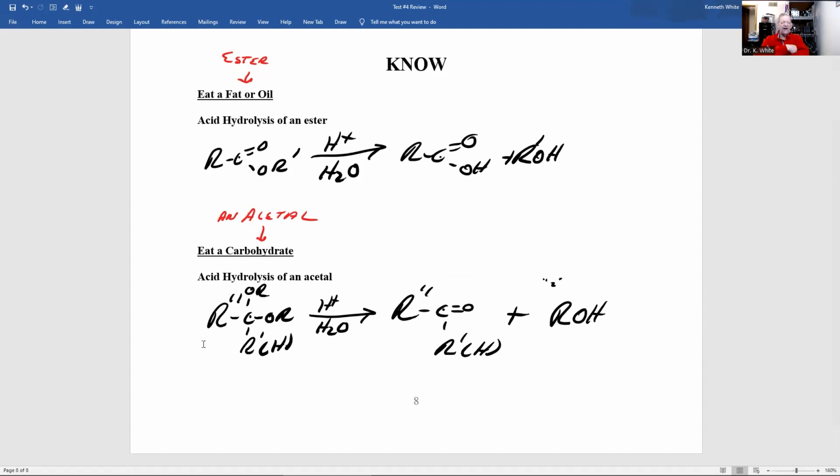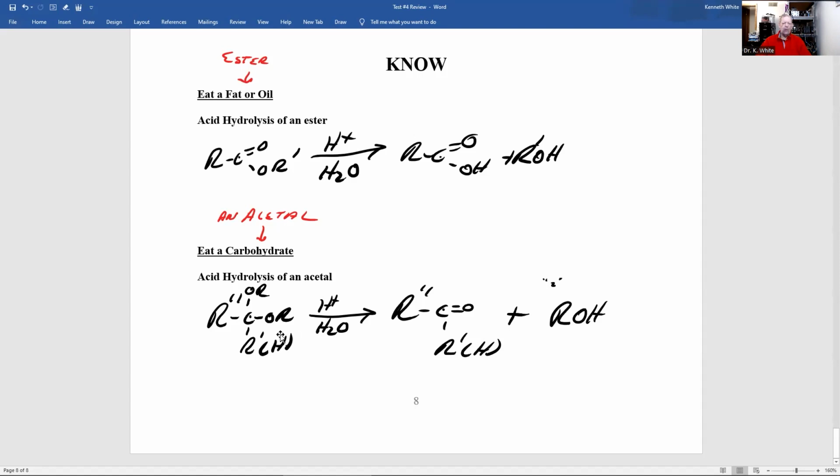And how do you describe how you digest a carbohydrate? As acid hydrolysis of an acetal. And the general reaction that you learned for test number 2 was acetal or hemiacetal, acid and water. You get back the aldehyde or ketone plus the alcohol you would have used to make that.